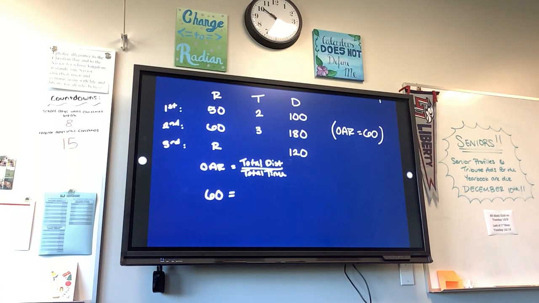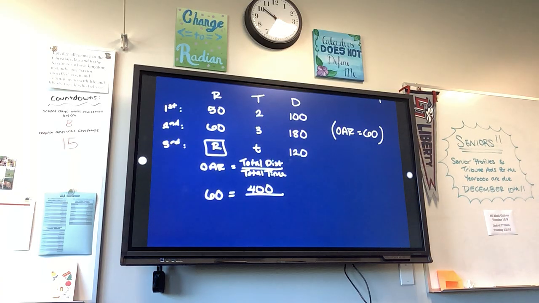Is it 400, 300? It is 400. Thank you. Sorry, I was thinking 300, but you're right. It's 400 for our total distance. That's easy. Add up the distances. But then what do you notice about the times? We're missing one. Now, I can put in a temporary t in there, but will that be our final answer? No, because we know that r is the one that we're solving for, right? So you can indicate that to yourself in whatever way. So can you tell me what I write in the denominator of that fraction?